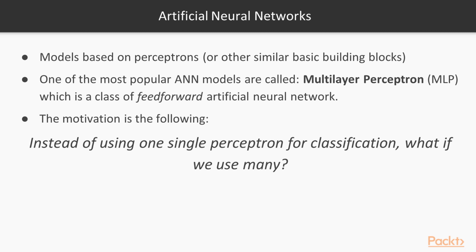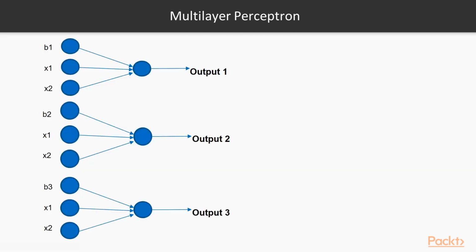And the motivation is the following. Instead of using one single perceptron for classification, what if we use many? Since we know that perceptrons are really bad classifiers, what if we use many of them? If we use many perceptrons, the result will look like this.